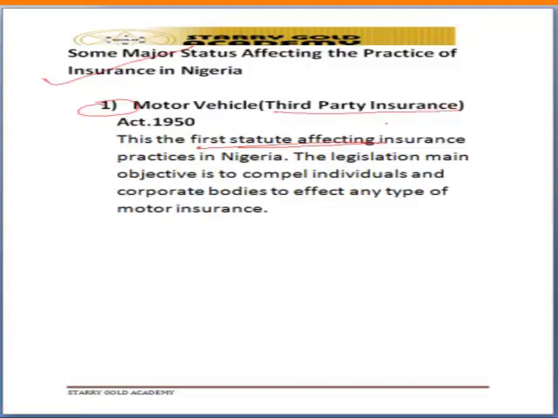motor insurance cover. This is to compensate any victim or any person that suffers a loss or property damage due to the use of a vehicle by a policyholder, the third party, which involves the general public, the passerby, and any other person that is not involved in the insurance contract.